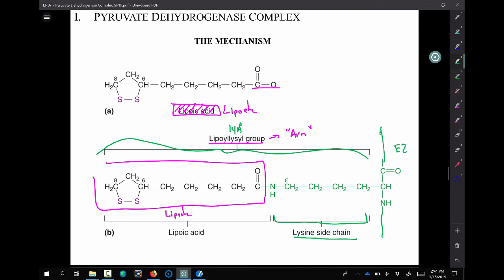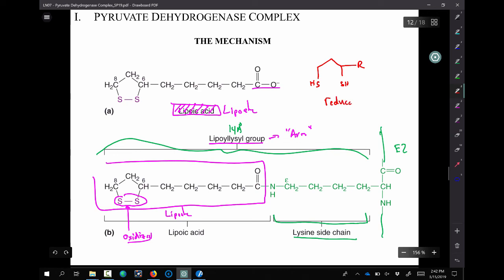Now, this is the oxidized form. We look here at these sulfhydryl groups. That's oxidized. Okay? The reduced form, I don't have room to draw the reduced form, but let me go ahead and draw it up here, would be with SH. Right? R. That would be reduced.